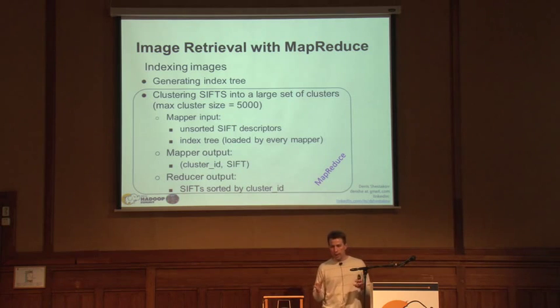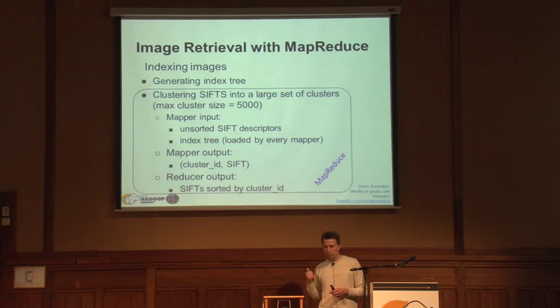In fact, my colleagues have a full paper devoted just to this. It's a very important part of the system, because a good index tree is going to give you good search quality. But maybe this part doesn't really belong to MapReduce, because it was just a regular program that does sophisticated computation and then provides this index tree.